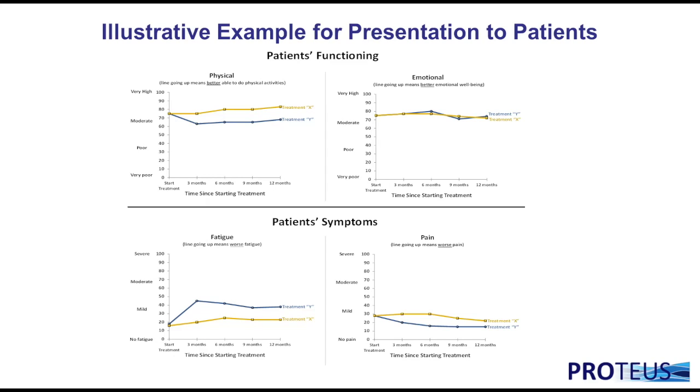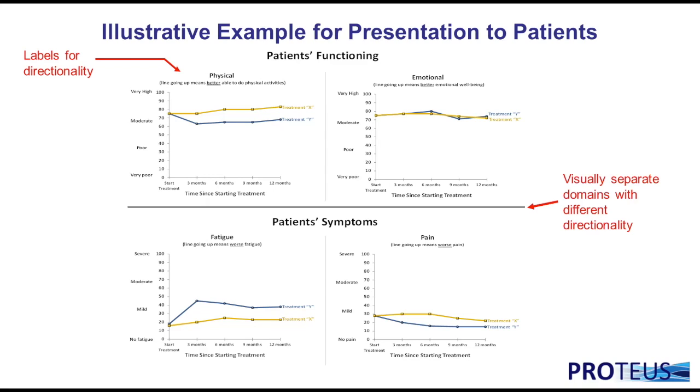As for directionality, you can see that under each domain title, a header describes whether a line going up indicates improvement or worsening. The functional domains where higher scores are better are clearly separated from the symptom domains where higher scores are worse. Finally, we have included descriptive labels on the y-axis to help with directionality, as well as to help convey score meaning, which we will get to in a bit.